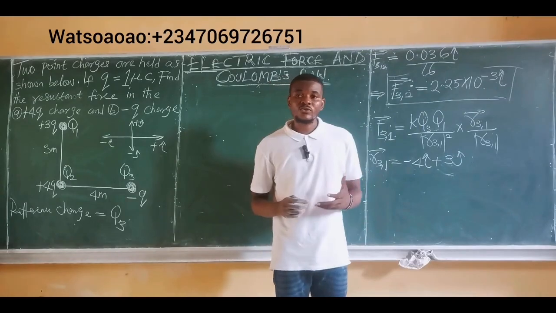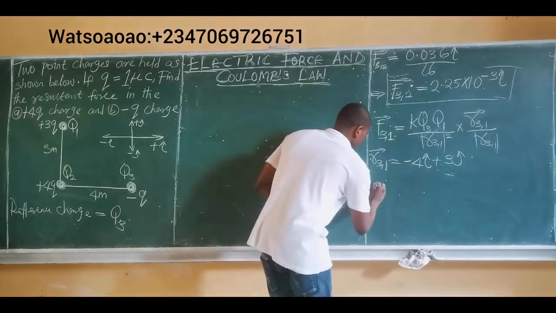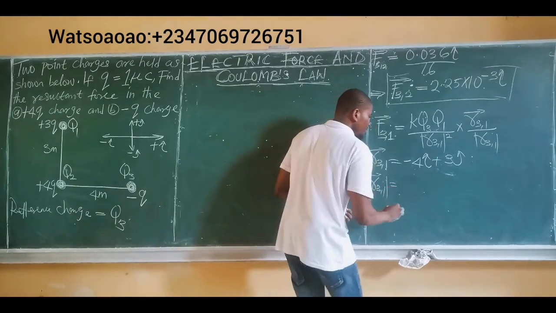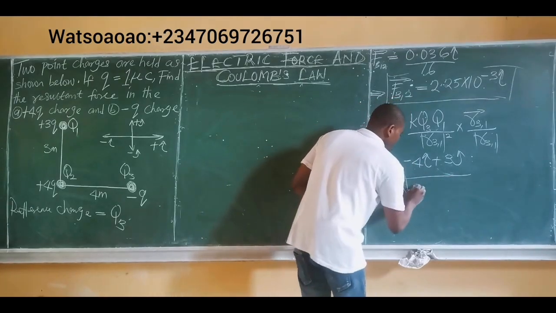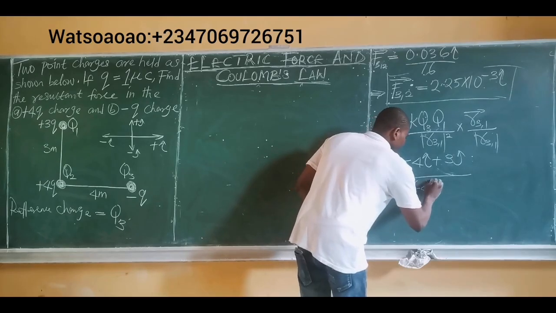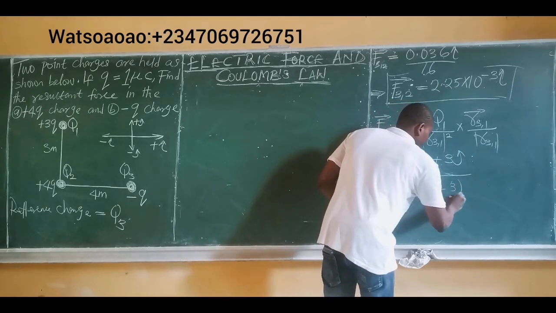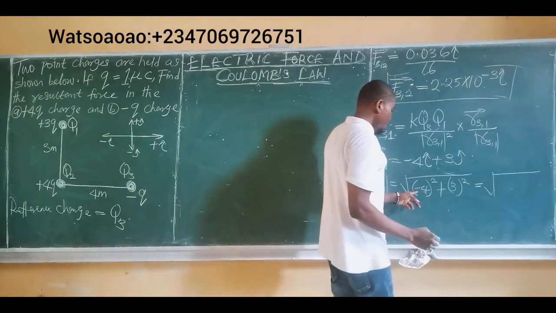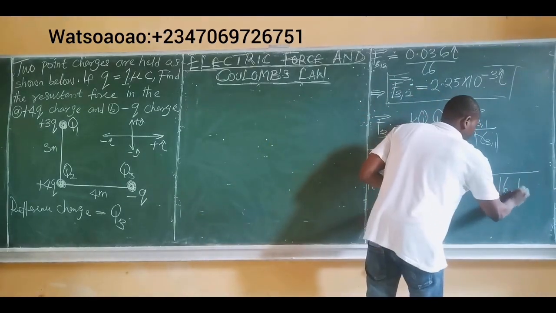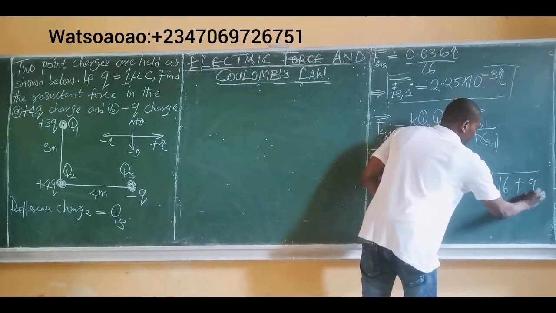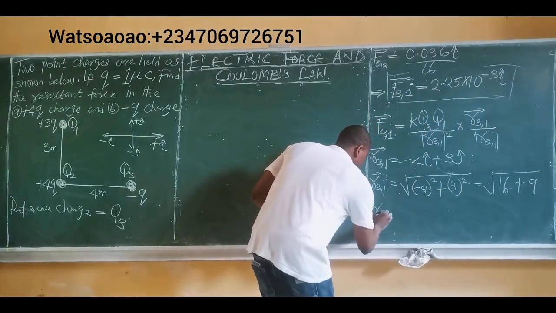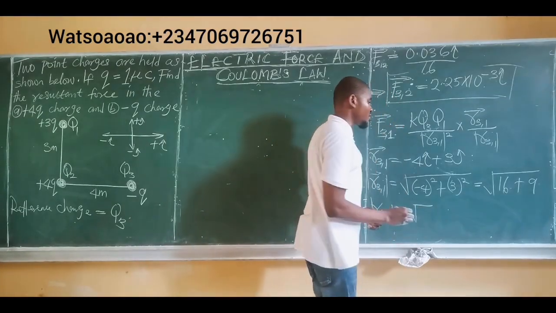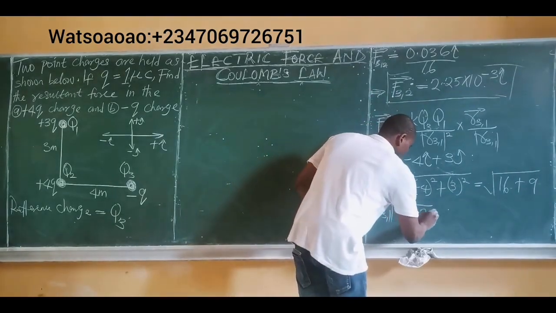Now we need to find the magnitude of the position vector. The magnitude of the position vector between charge 3 and 1 simply becomes the square root of the sum of the squares of the individual terms. So you have minus 4 all squared plus 3 all squared. This is equal to the square root of 16 plus 9, which gives us 25.